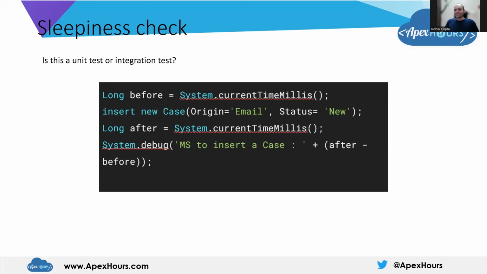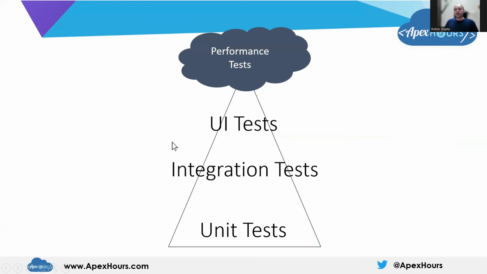Or maybe it's an integration test because it takes the values from your local and then actually inserts them into the Salesforce backend with certain details and fields such as the origin and the status. And that journey crosses multiple layers of code and integrations, and therefore it's an integration test. So, maybe it's an integration test. Jokes aside, you can decide that. But that being said, let's move on to our next layer of integration tests.